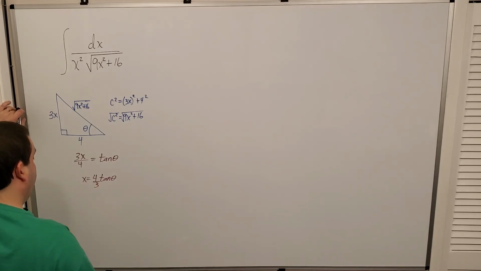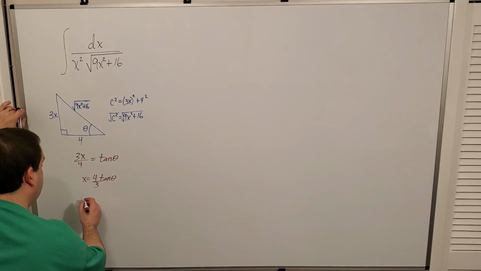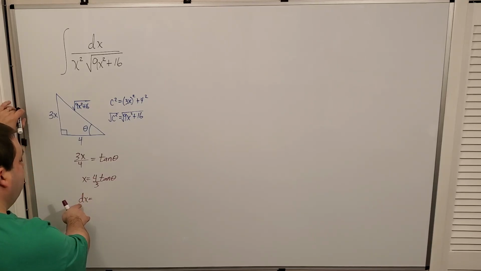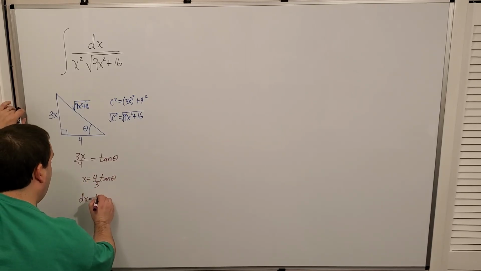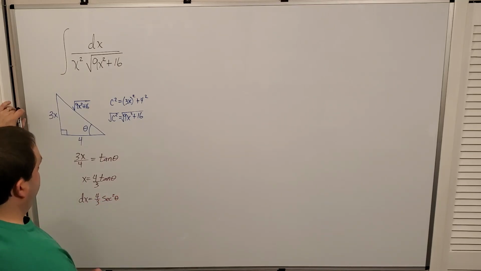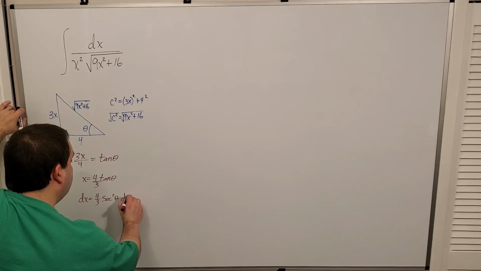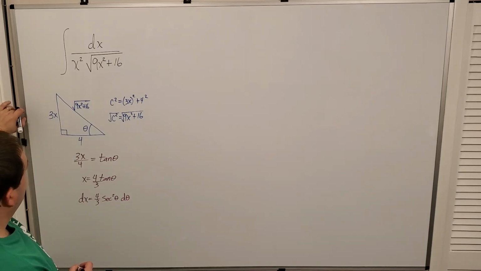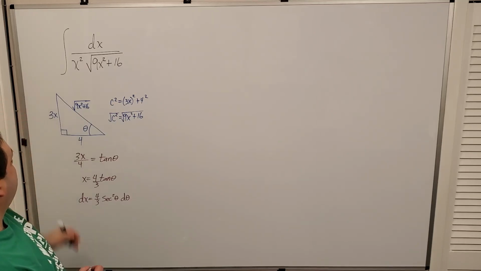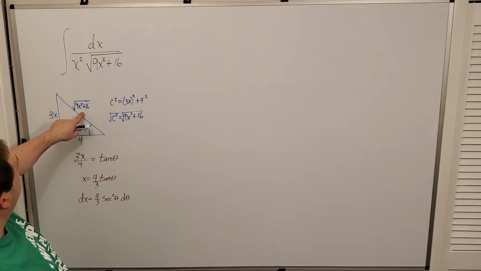And I got the 3 over there because I really need to do dx. So if I take the derivative of x, dx, I'm going to get 4/3 secant squared of theta d theta. All right. And then, let's see, I need something else. I need to be able to replace the radical as well.